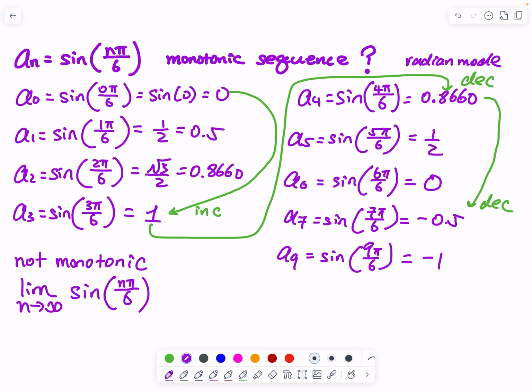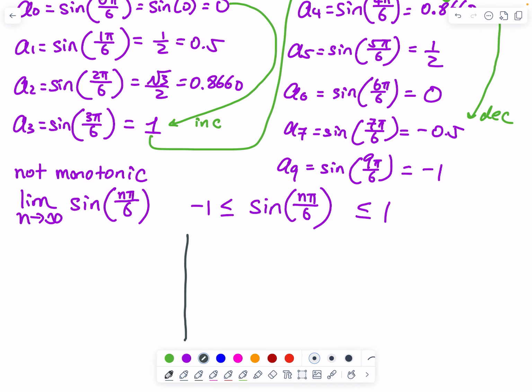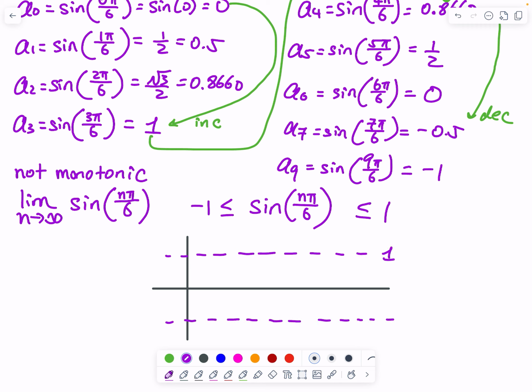So the limit cannot be determined, but I can tell you that sine of n pi over 6 is between negative 1 and 1. Using a graph, we have the y-axis, x-axis, an upper bound at 1, and a lower bound at negative 1.